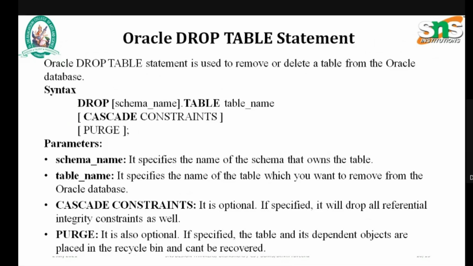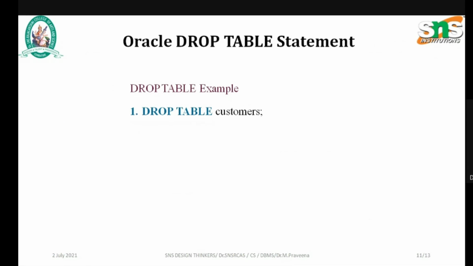Once we use purge, all the objects are removed and we cannot recover them. And the last one is the drop table example: drop table, table name. So drop table customer. The table will be deleted or removed permanently.